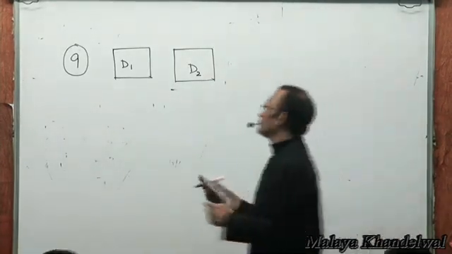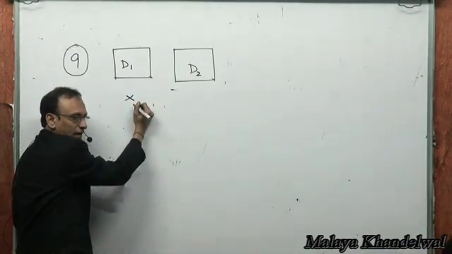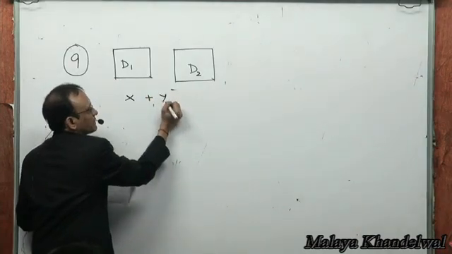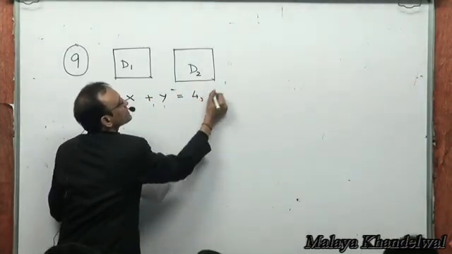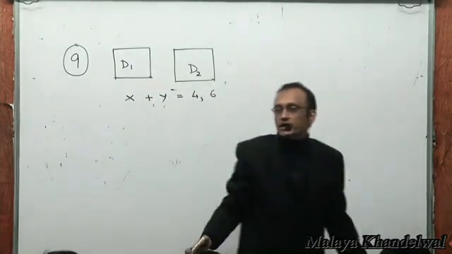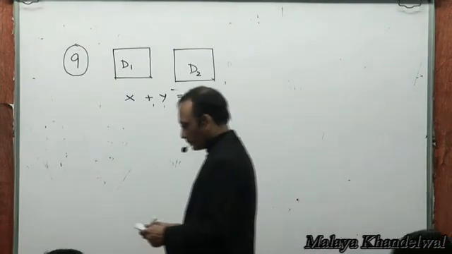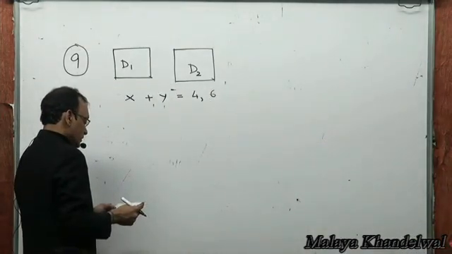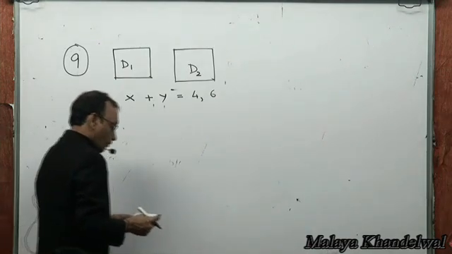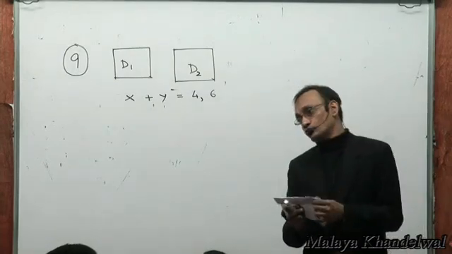Each time they are rolled, there is an X that appears on die D1 and Y that appears on die D2. Now when X plus Y becomes 4 or 6, then they stop rolling the dice. Now, we want to find the probability that a sum of 6 occurs before 4.